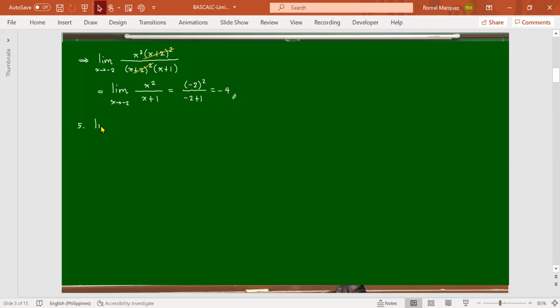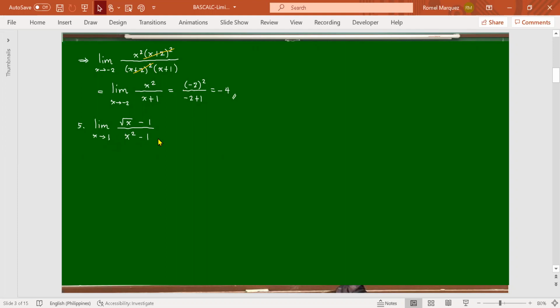So what about if involving radical? So we have square root of x minus 1 all over x squared minus 1. Nabigay ko na ba to, guys? Hindi pa. I think yung numerator po, may similar na siya.